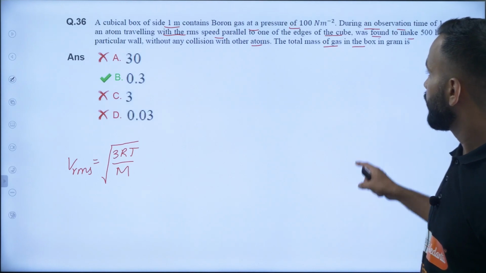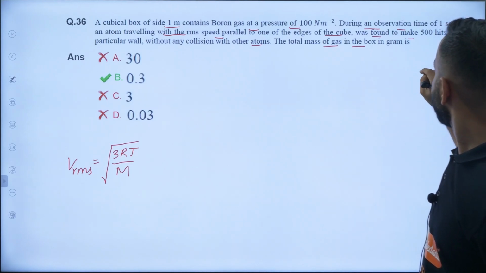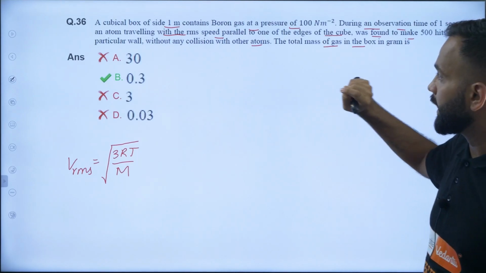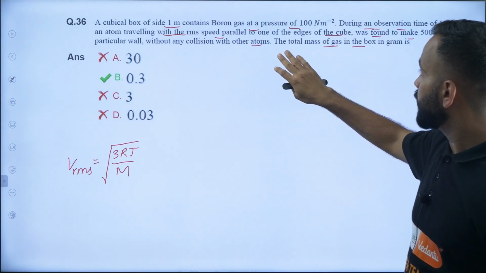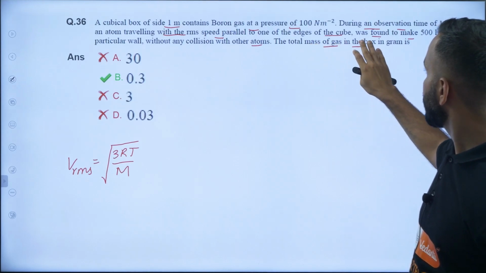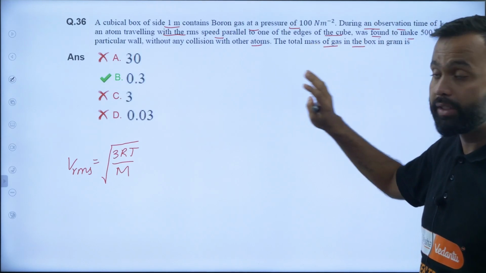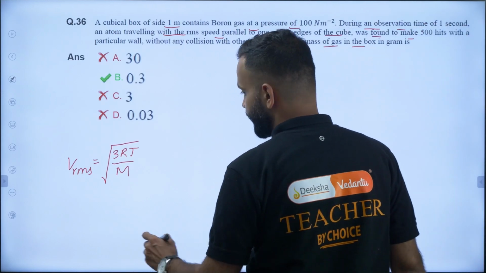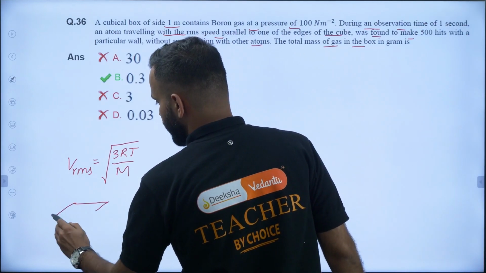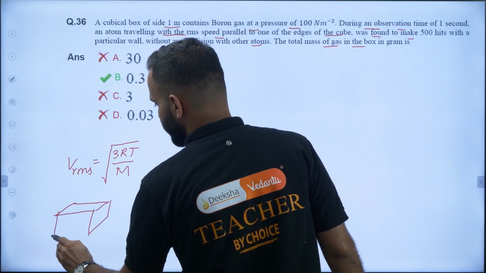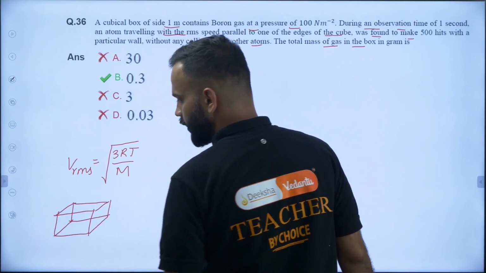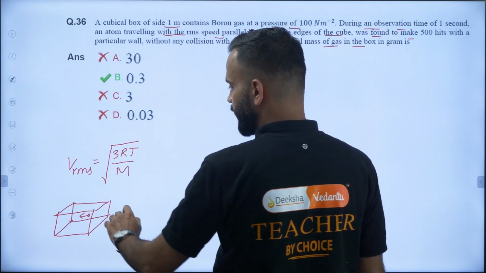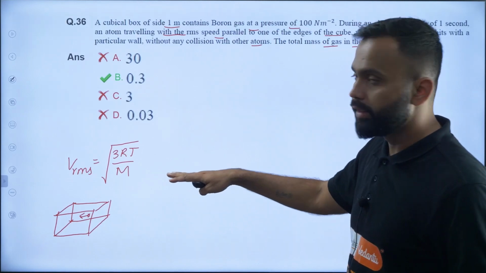Now here, during an observation time of 1 second, an atom traveling with the RMS speed parallel to one of the edges of the cube was found to make 500 hits with the particular wall. So that is the time here. This is the cubical box. The motion of the boron gas is parallel to the side of the box.